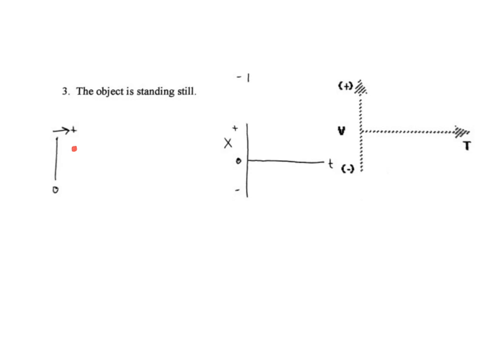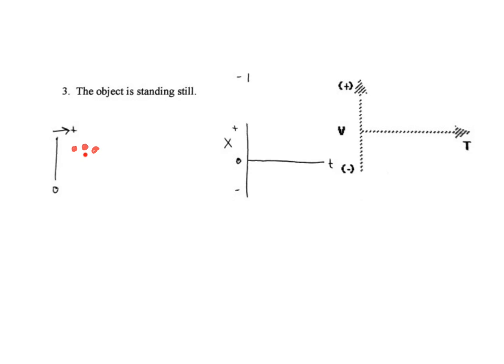Now what some folks might do is put a dot here, and then maybe another one here. But I don't like that, because what that's doing is showing that the object was here, it had no motion, and yet ended up here, further away from the 0 position.